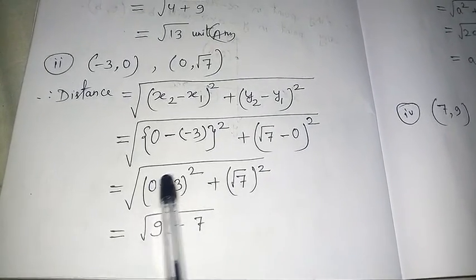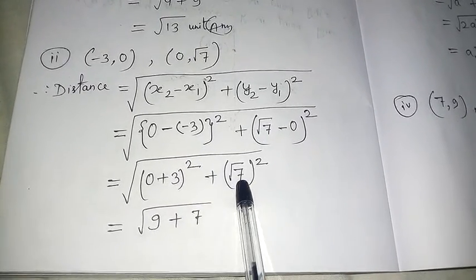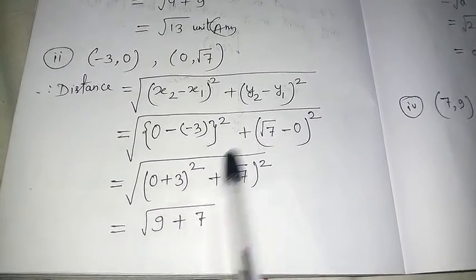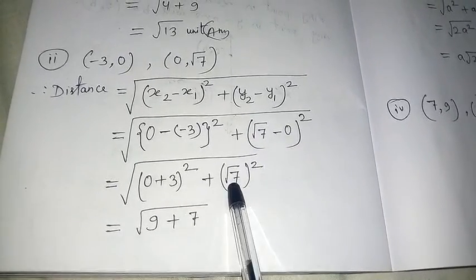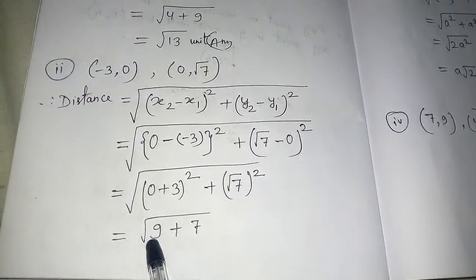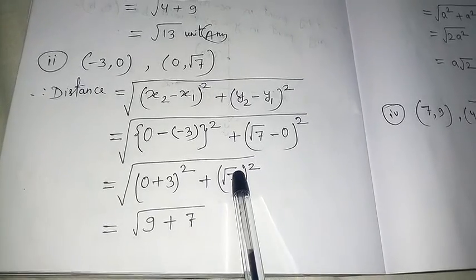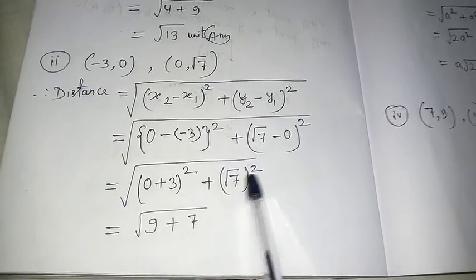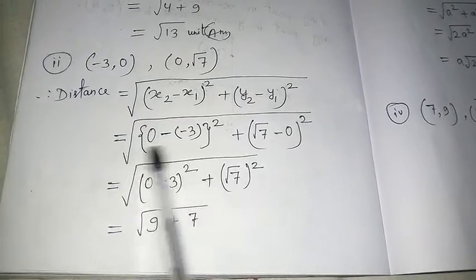Now you know 0 plus 3 is 3 only, and 3 square is 9, and root 7 square is 7. You all know root and square will vanish, only 7 will remain. So very important, 3 square is 9, but root 7 square, don't write 49, because in this case root and square vanish and only 7 will remain, and this root over comes here.